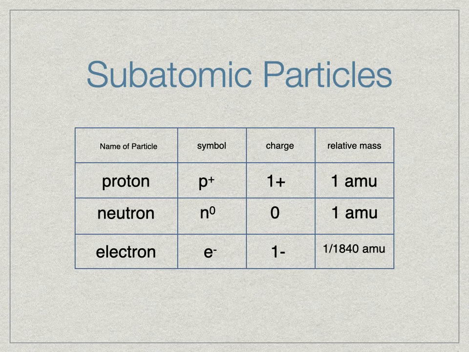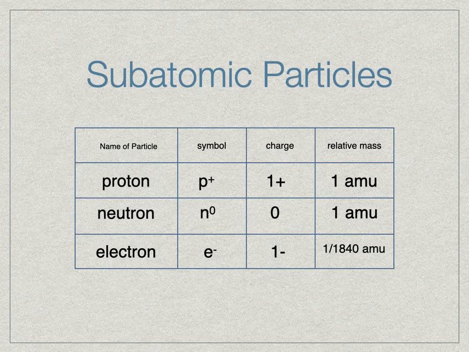And then electrons, we already talked about, are significantly smaller than protons or neutrons. They are 1 over 1840, almost 2,000 times smaller than a proton or a neutron, which is why their mass, even if you have a lot of them, has very little impact. We don't have any elements that are going to have 2,000 electrons in them, or even 1,840, which is what it would take to equal 1 AMU.